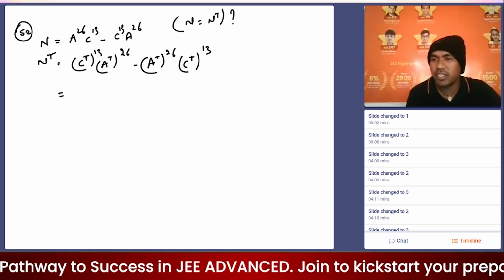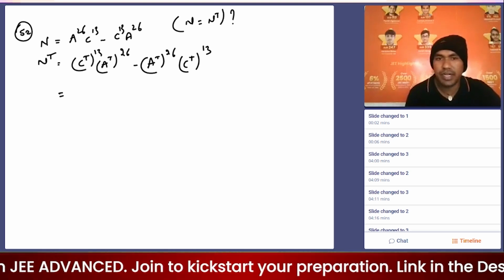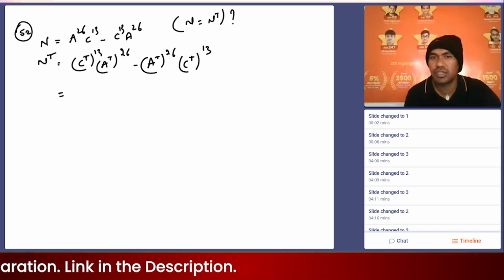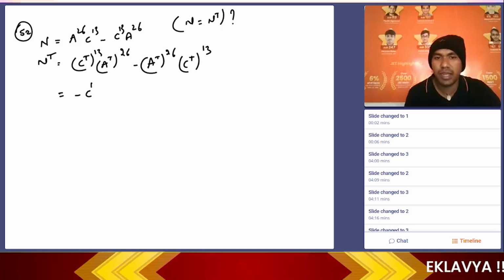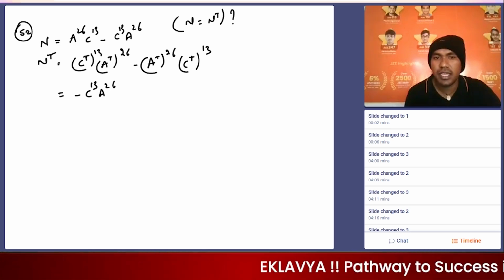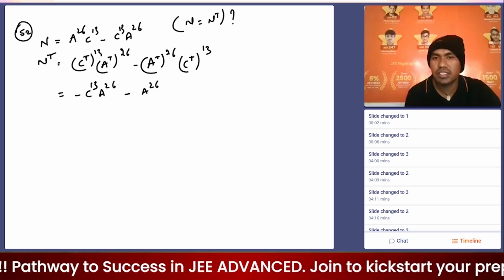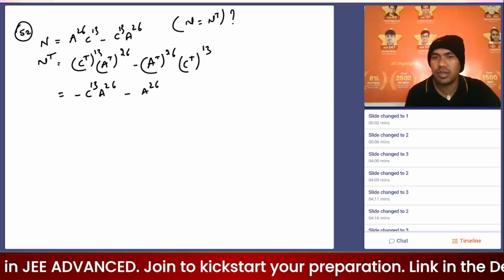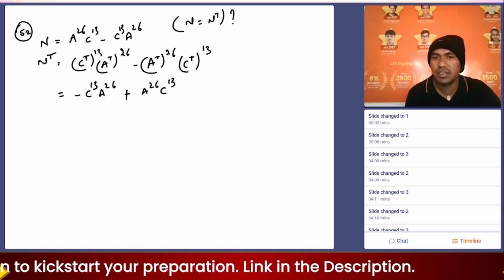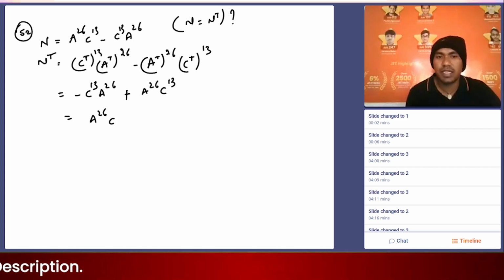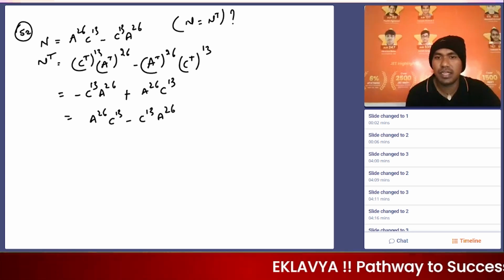We know A transpose is equal to A only because A is a symmetric matrix and C is a skew symmetric matrix, so C transpose is equal to minus C. Now (minus C) whole power 13 will become minus C^13 and A^26, and minus A^26 and C transpose will become minus C, so it will become plus C^13, right?